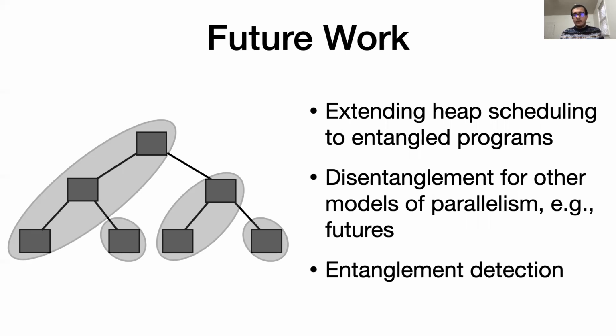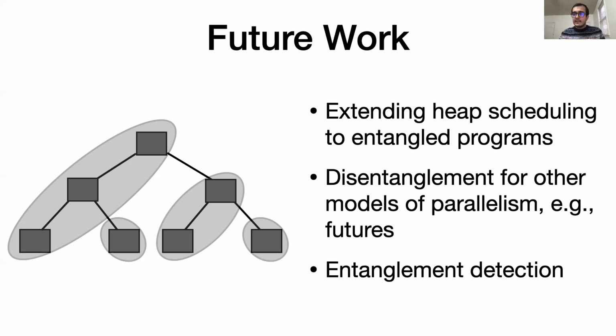Right now, we only know how to collect bubbles if the heap hierarchy is disentangled. We are curious to see if we can extend the collection to entangled bubbles. The bounds are also tricky for entangled programs because these programs tend to be very racy, and it is difficult to compare them to a sequential run as we did in this work.